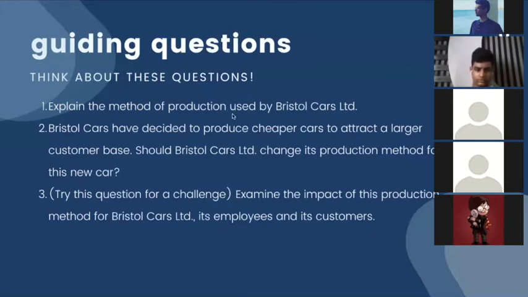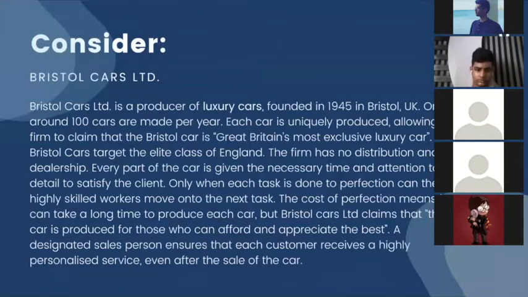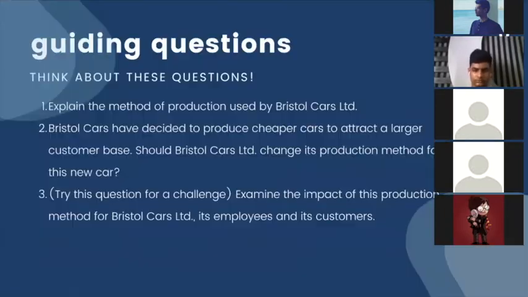Bristol Cars, as we said, is a luxury car maker, as you can see in the case study, which means it only produces a few cars every year, which would make them a supplier or a brand which uses job production, because it only has a specific number of products and not hundreds and thousands of cars made. So I think job production would be the answer over here, because Bristol Cars is a luxury car producer and it needs only a few cars every year to do its production and sales.